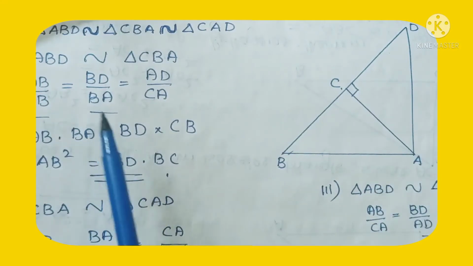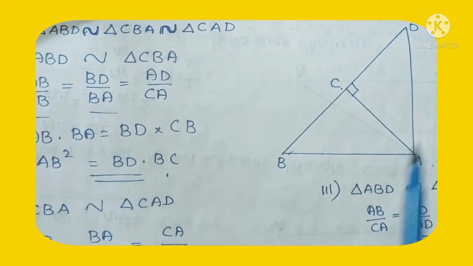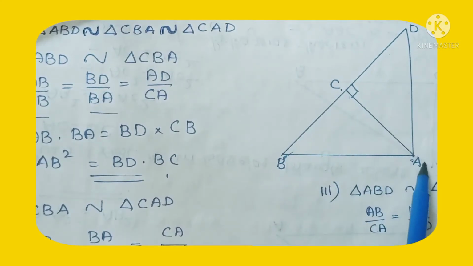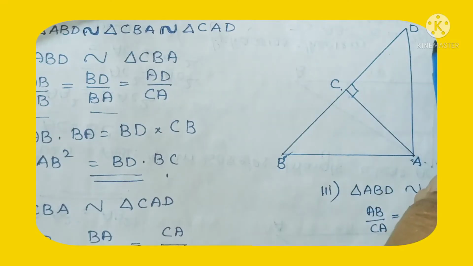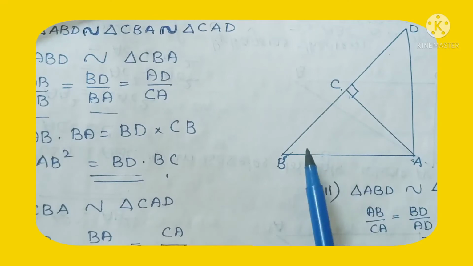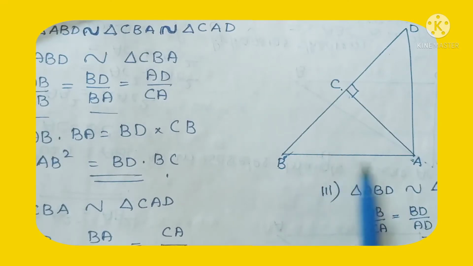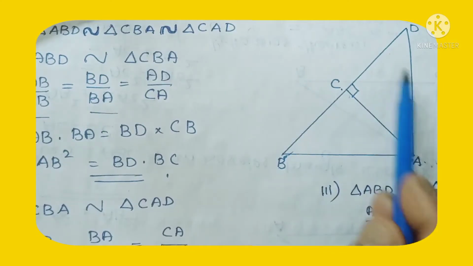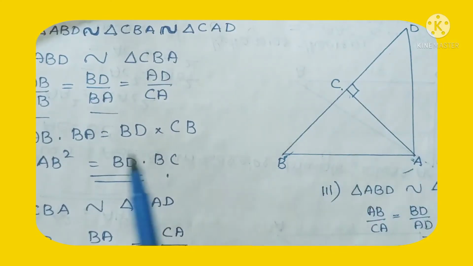So first, we already proved in the previous problems, these three triangles are similar: triangle ABC, triangle ACD and triangle ABD. That means three triangles ABD, ABC and ACD are similar to each other.